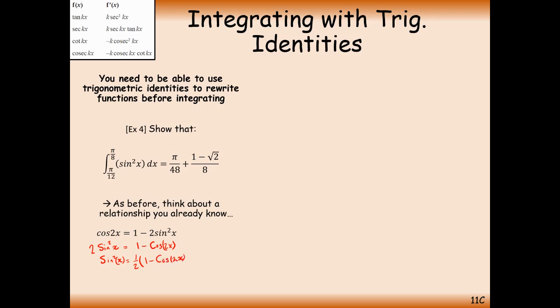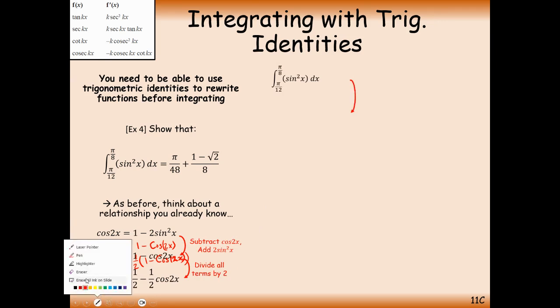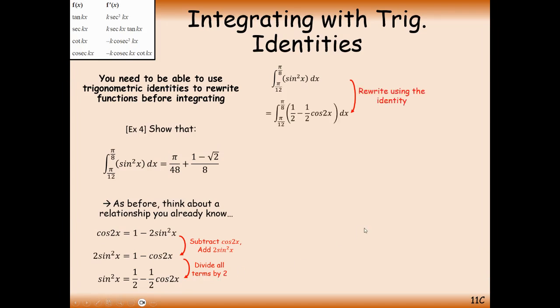This is, believe it or not, a much simpler way of integrating sine square. So what we get is this expression under the integral. Then we can integrate with respect to x.